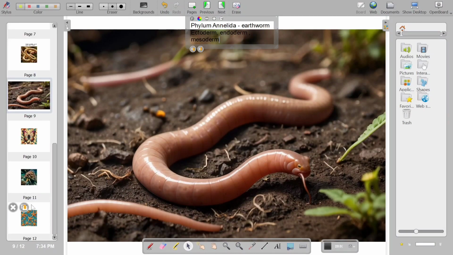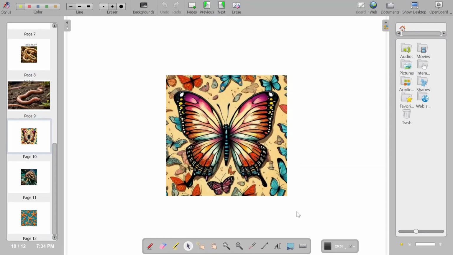Okay, the next category is phylum Arthropoda. As we know, the phylum Arthropoda is the largest phylum, the phylum Mollusca is the second largest phylum, and the phylum Porifera is the smallest phylum, which has very few organisms.